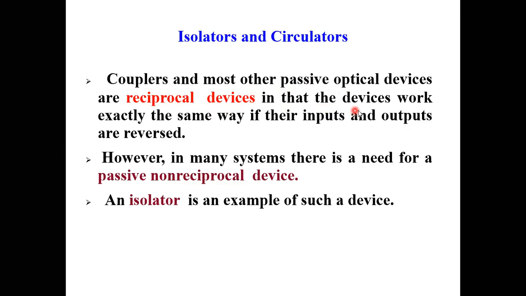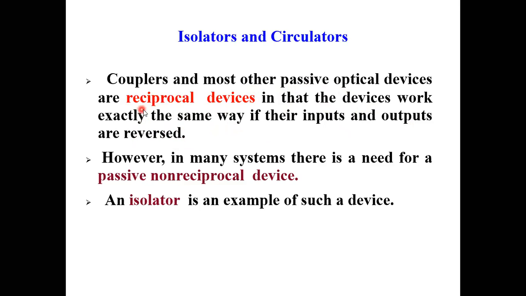The device works exactly the same way if its inputs and outputs are reversed. Like you have a coupler, one incoming signal is sent into the remaining ports. Now it might happen that the incoming signal is from port 3, still it is coupled to the remaining ports 1, 4, and so on, depending upon what ports we have.